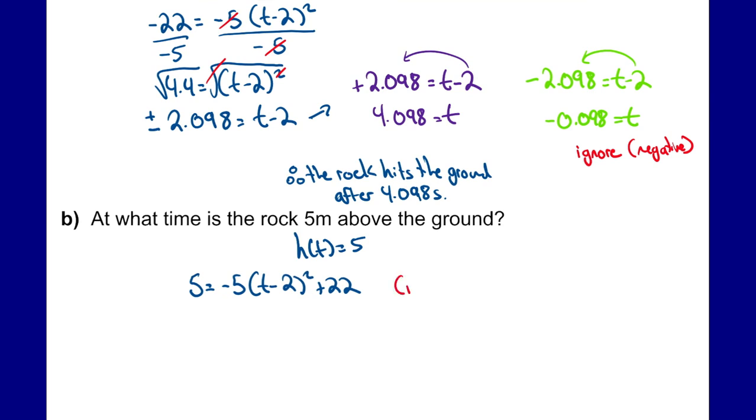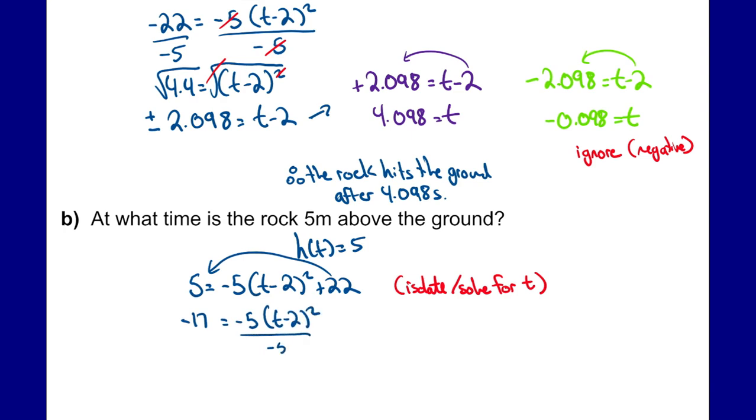We're now going to try to isolate and solve for t. So same kind of steps. We just, instead of 0 on the one side, we have 5. I'm going to bring the 22 over. It becomes minus 22. So I have negative 17 is equal to -5(t - 2)².